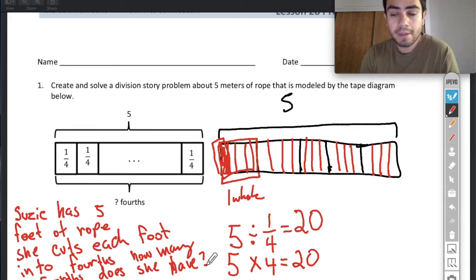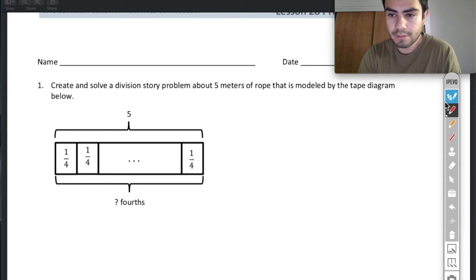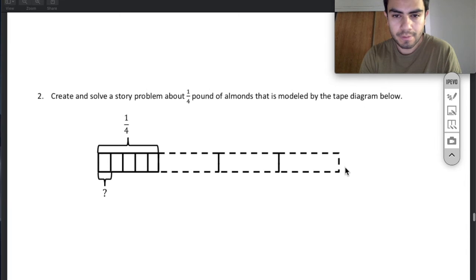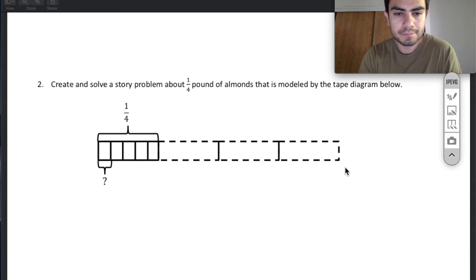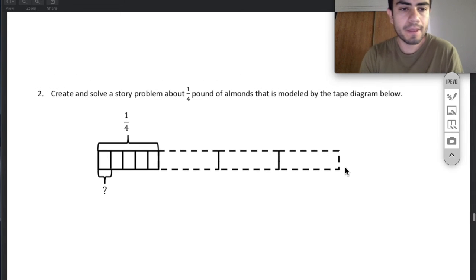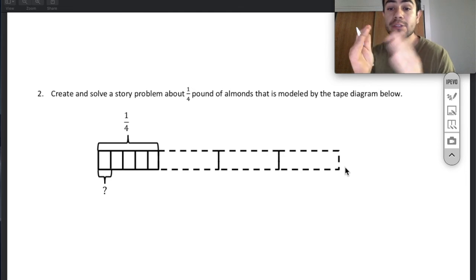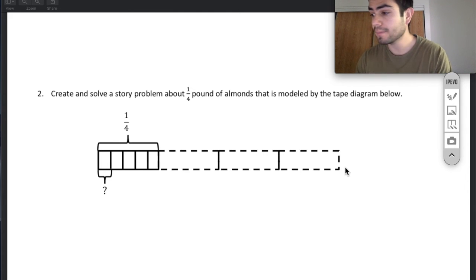Okay, let's go ahead and try another one. Okay, now in the second one, we have something different. We have 1/4 being divided into even smaller pieces.